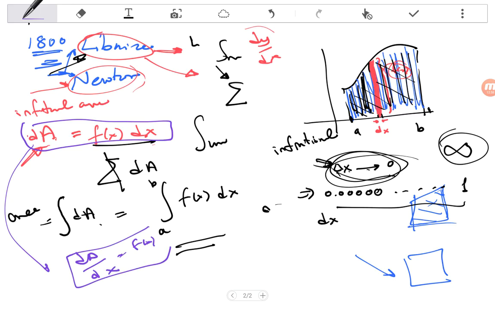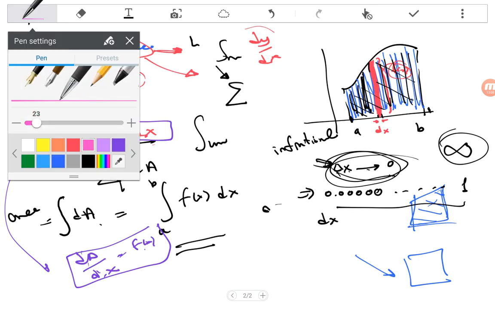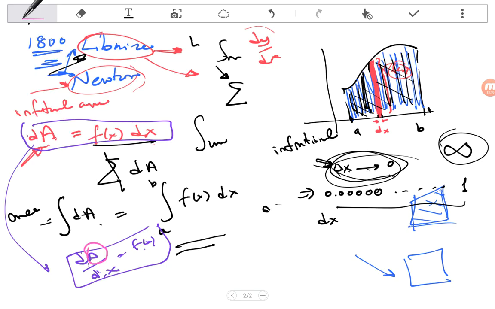What do we mean by this expression? That the derivative of the area is f of x. So if we need to find the area, we need to find a function that, if you differentiate it, you will get f of x. That is exactly the inverse of the derivative.